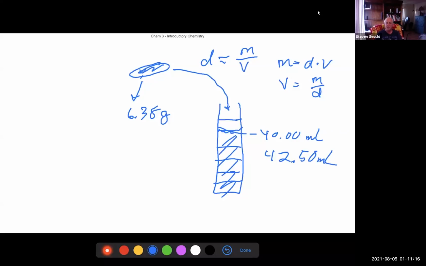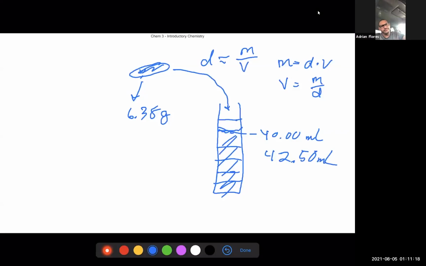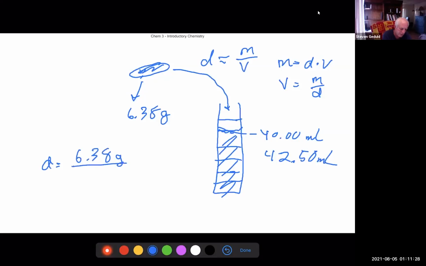Now we can solve for the density. We have a mass, we have a volume. So density is equal to the mass, which we weighed at 6.38 grams. The volume is the difference between the 40 and the 42.5, how much the water level rose when we put it in.